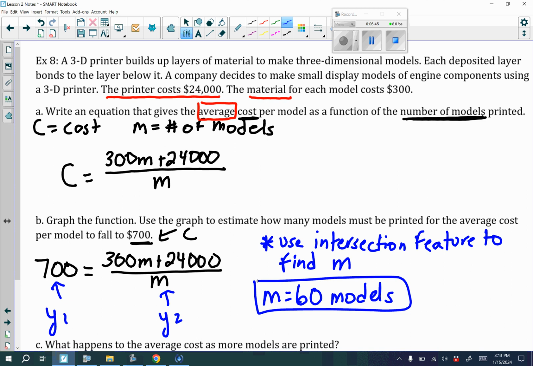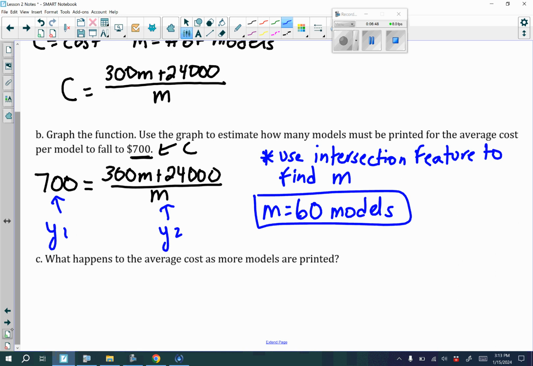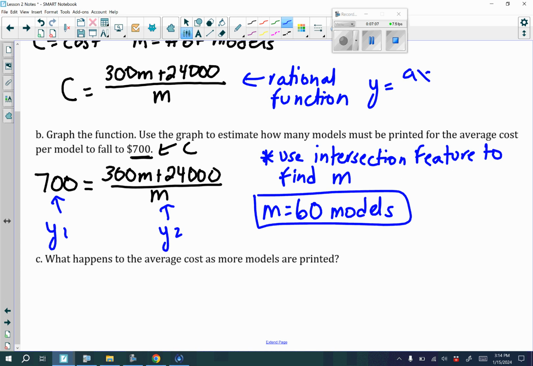Okay, so then our next thing that we're going to do here is see what happens to the average cost as more models are printed, okay? So what this is really, and we think about this, right? This is a rational function. And because it's a rational function in the form of ax plus b over cx plus d, we have to think in regards to our vertical and horizontal asymptotes.